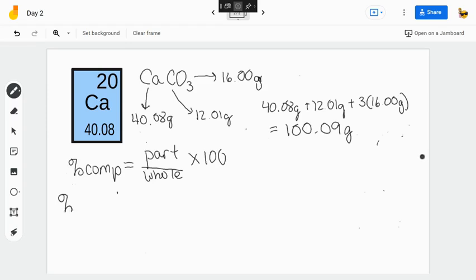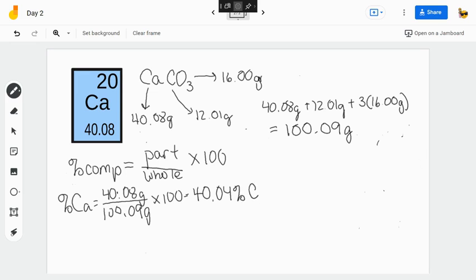So the percent calcium is going to be 40.08 over 100.09. So 40.04% is calcium in this compound. Percent nitrogen, we'll do exactly the same thing.